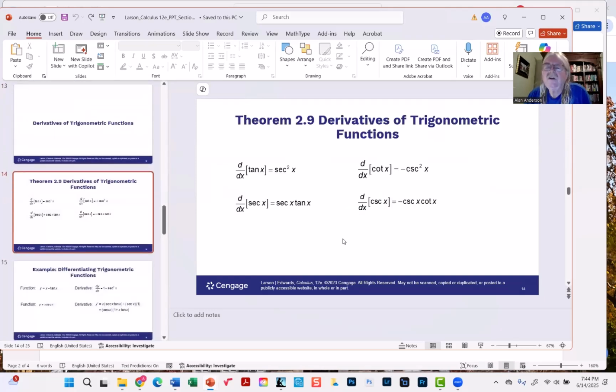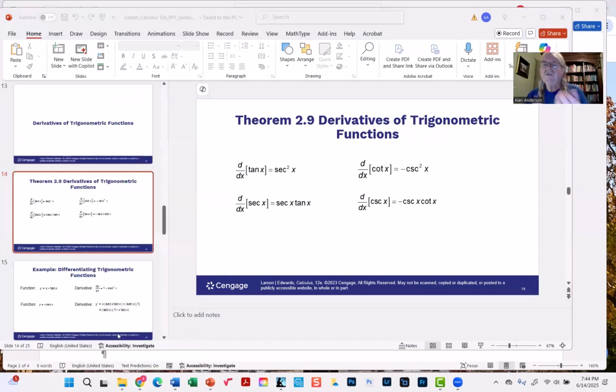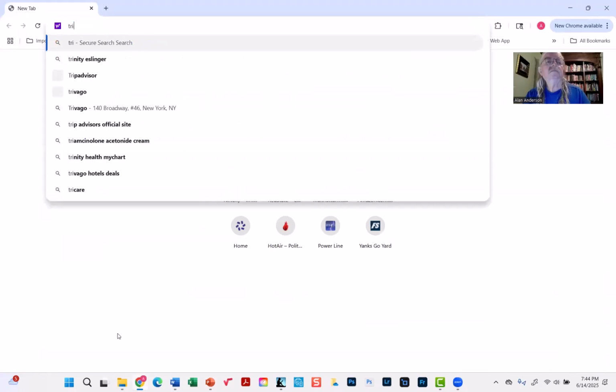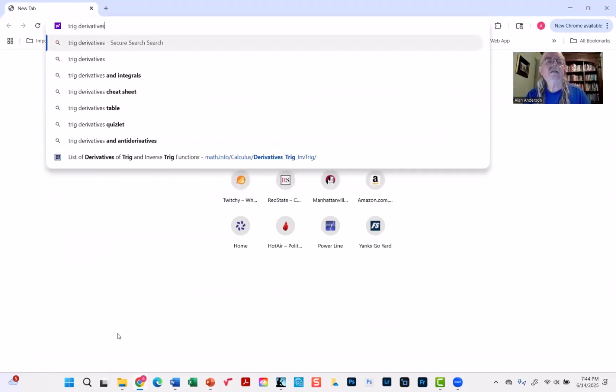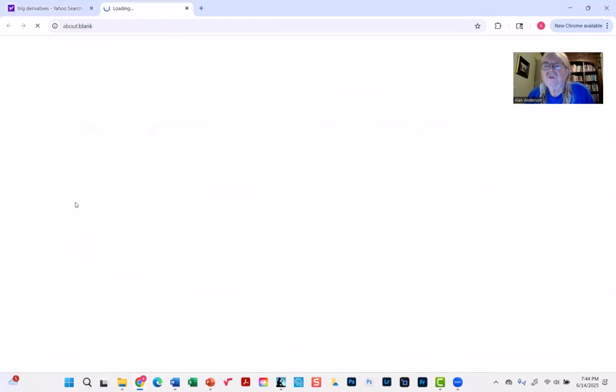Trig functions. Now, we started to do this earlier. We only got to the sine and the cosine. So I'm sure there's a website somewhere where we can just have a list right in front of us. Let's go find it. You can memorize these if you want to.